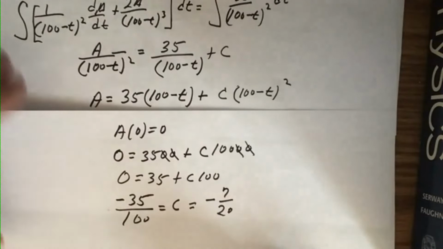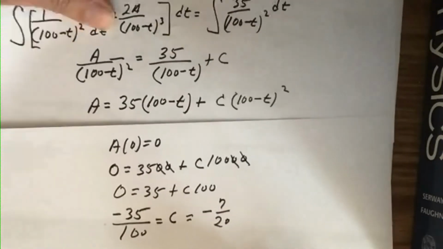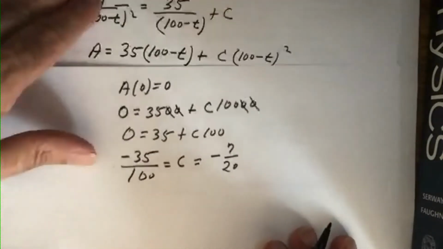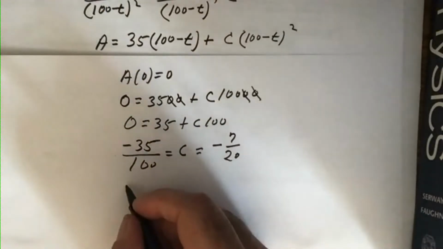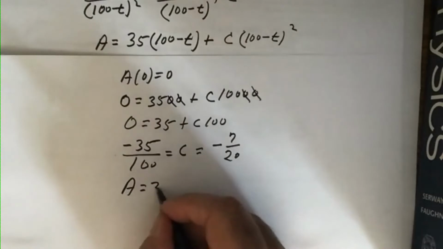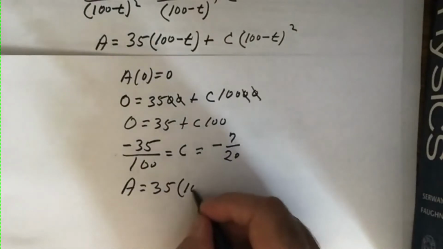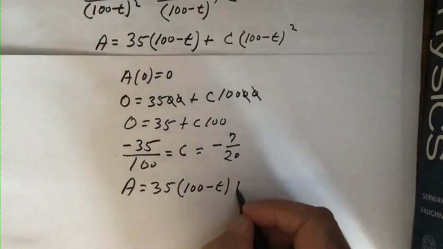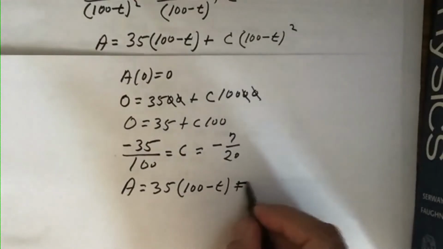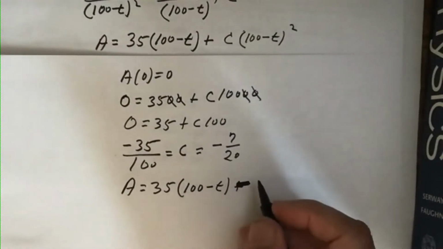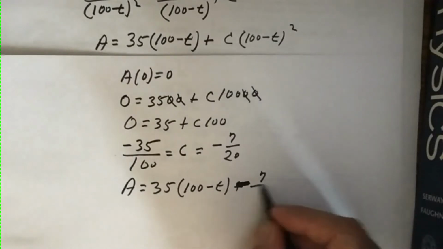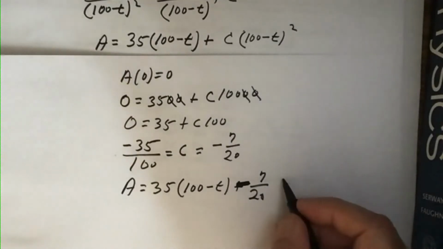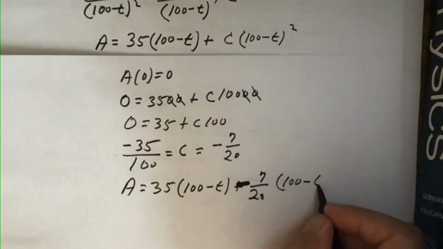So my final answer is a is equal to 35 times 100 minus t, plus, no, that would be minus 7 over 20 times 100 minus t squared.